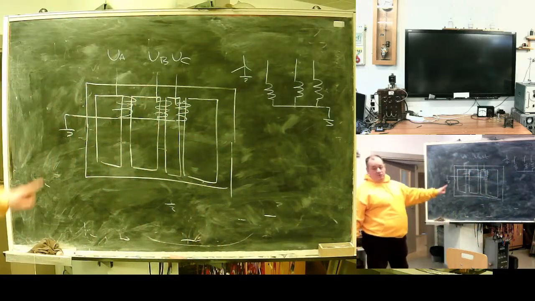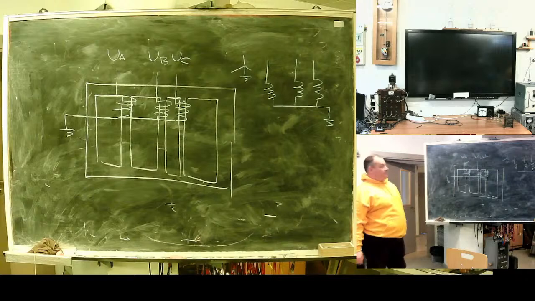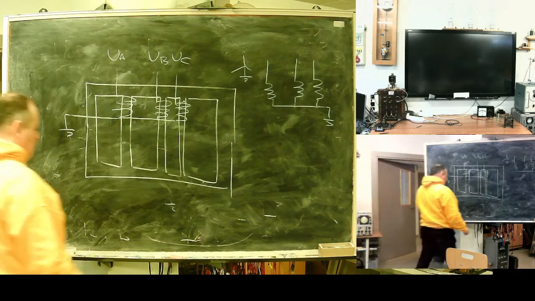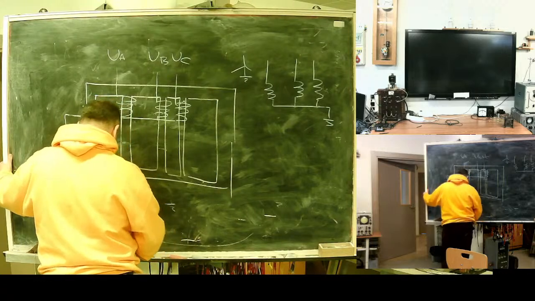This transformer is for isolated neutral networks, but anyway, it's a grounded star. Secondary side will have two windings.